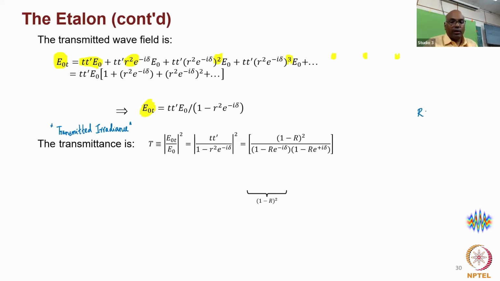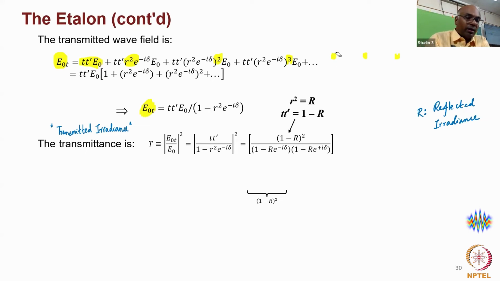That quantity is R, which is now the reflected irradiance or the reflectance of the same scenario or quantity, right? So what is capital R? Capital R is essentially the square of the individual reflection coefficient, or the amplitude reflection coefficient, little r.